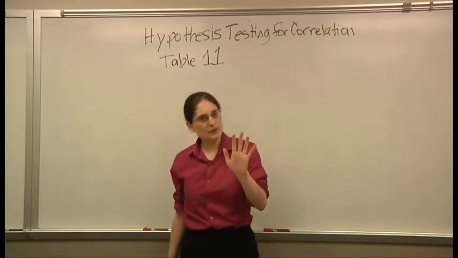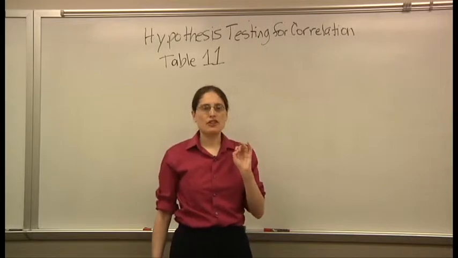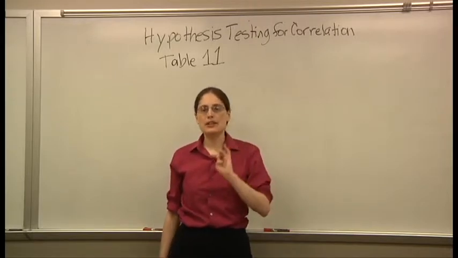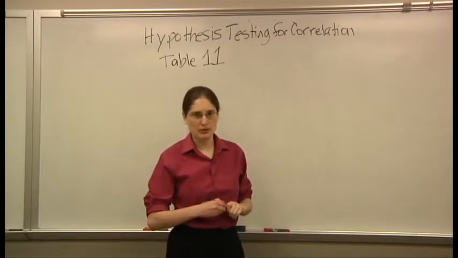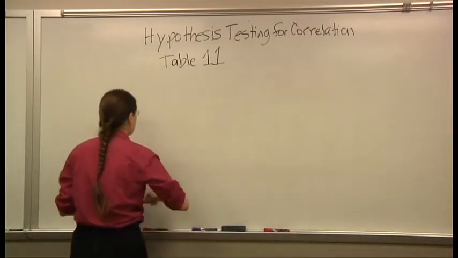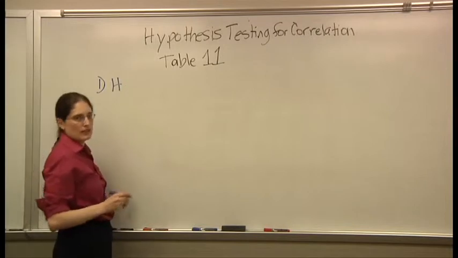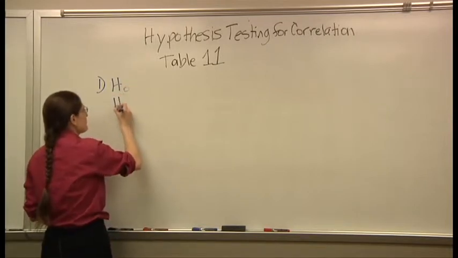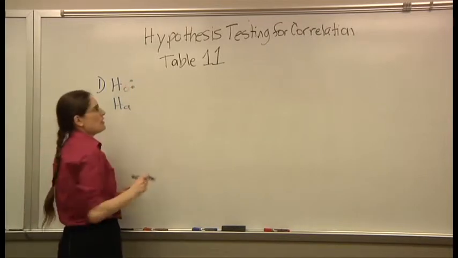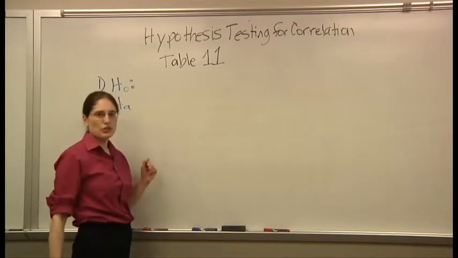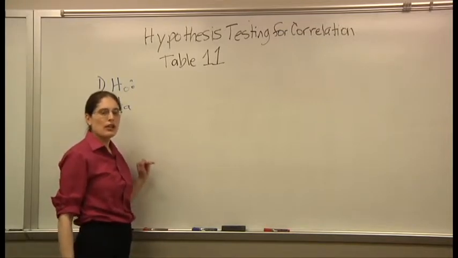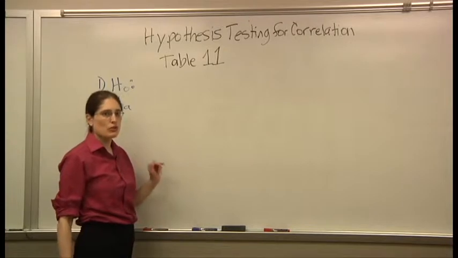There's 5 steps, remember? The first step is to name the null and alternate hypotheses, right? With a hypothesis test for correlation, your null hypothesis is that there's no correlation.